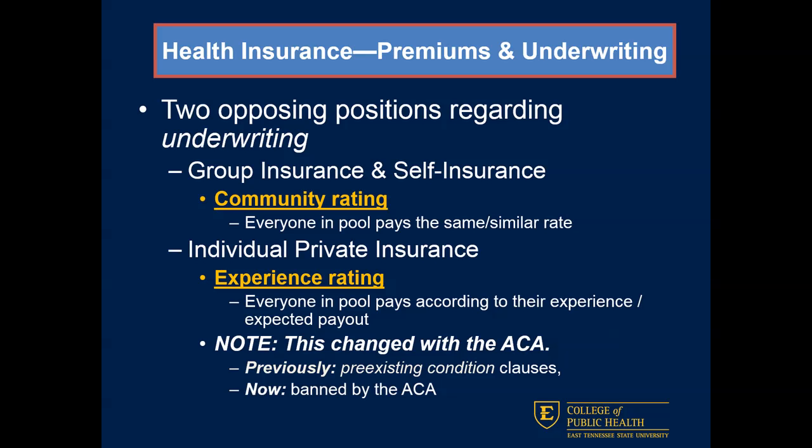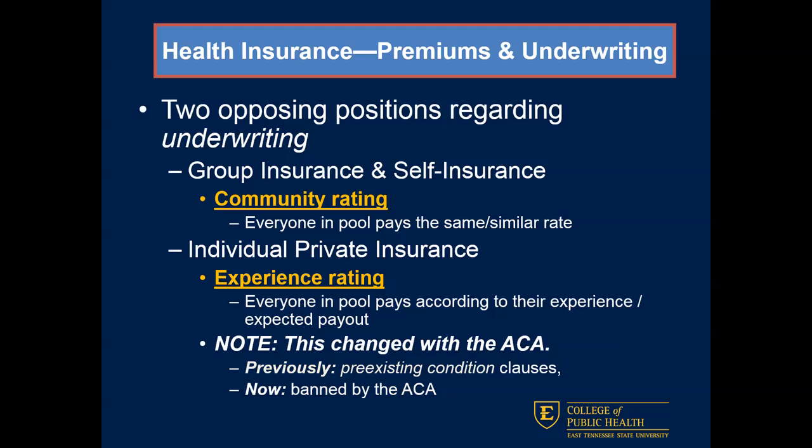The issue with this is that the experience rating has the potential to cause around a 17-fold difference in the cost of plans. A good example is you may have a $1,000 premium plan in a state like Texas, but that same plan could cost you $17,000 in premium upwards in the Northeast, just based on where you live throughout the country. It's really based on your experience. That's why it's called an experience rating.